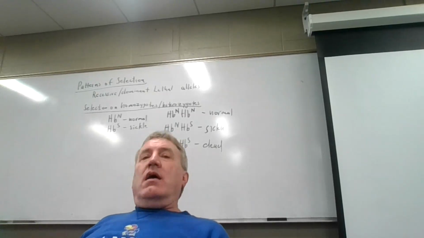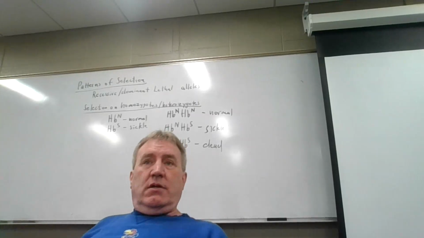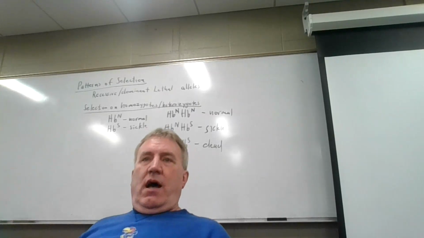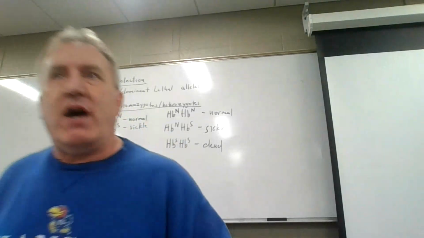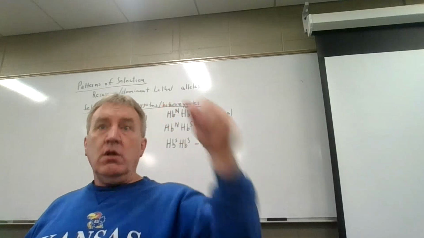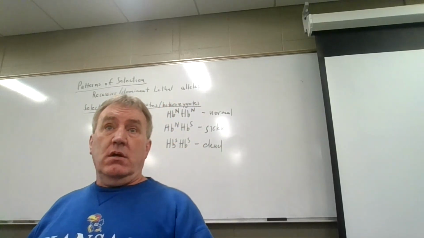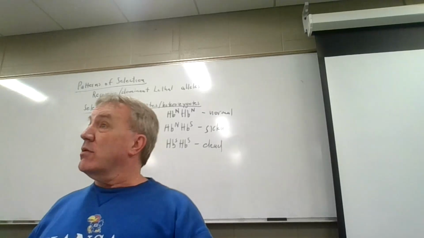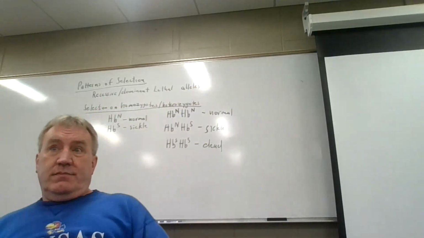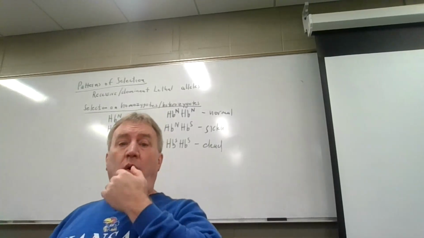Now, this does reduce the oxygen carrying capacity of your blood, which means that in circumstances like this, sitting around the table, we're pretty much fine. But if we did a lot of hard work, someone who is normal would have an advantage over someone who is sickle. But there are certain places in the world where that heterozygote would be selected for. And those places in the world would be where, well, why?